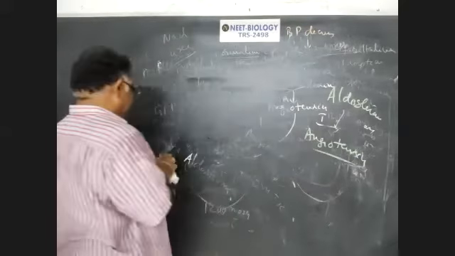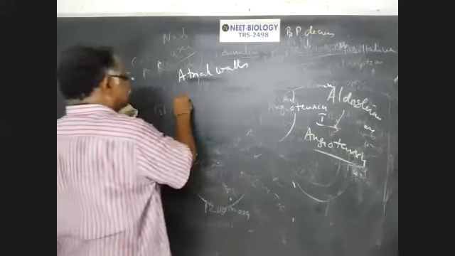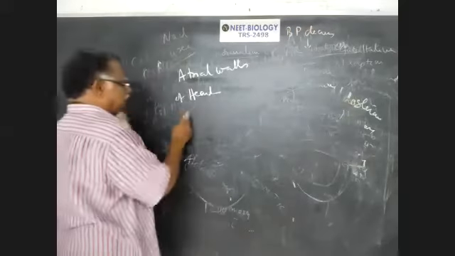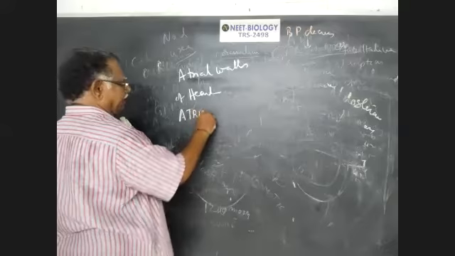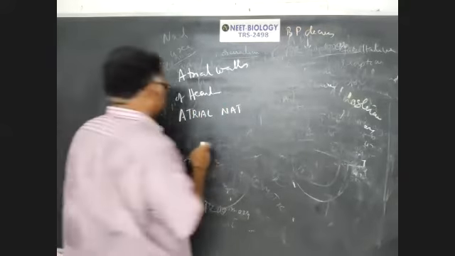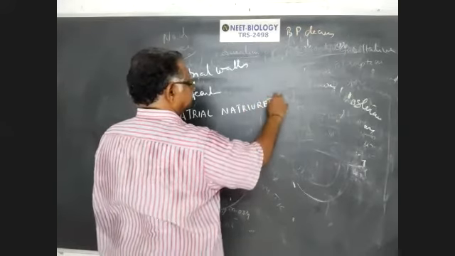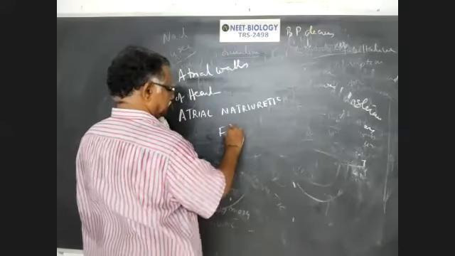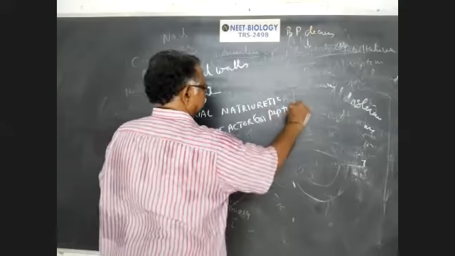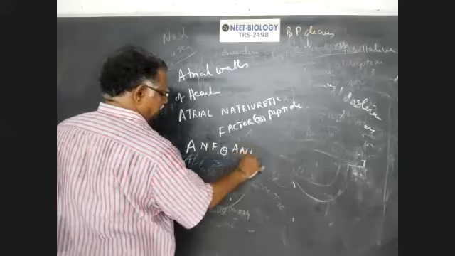Important one: the atrial walls of the heart produce a peptide called atrial natriuretic factor or peptide, ANF or ANP.